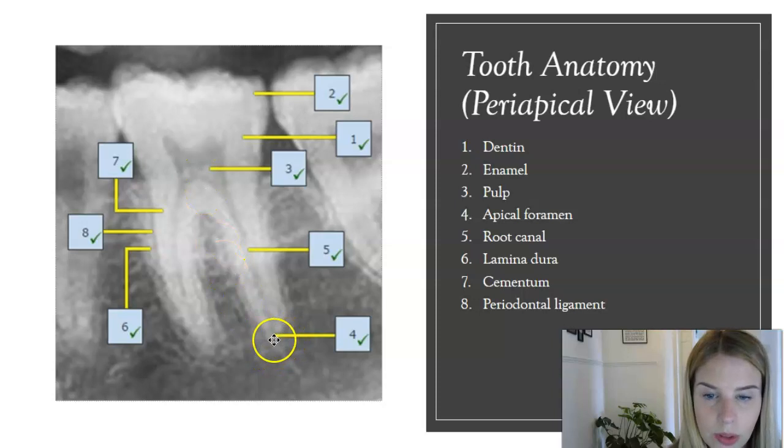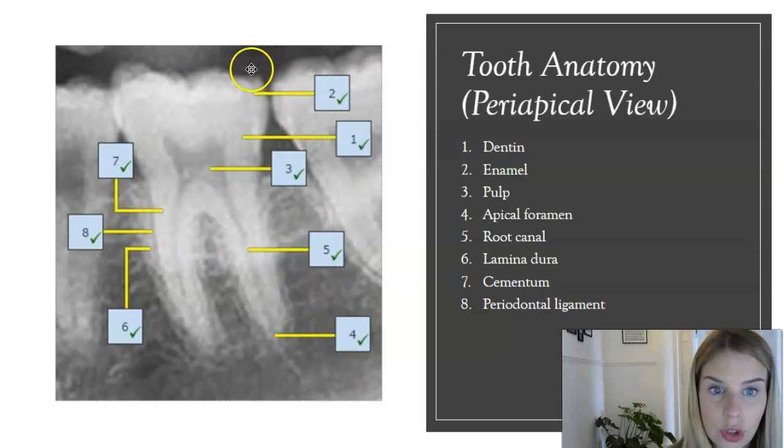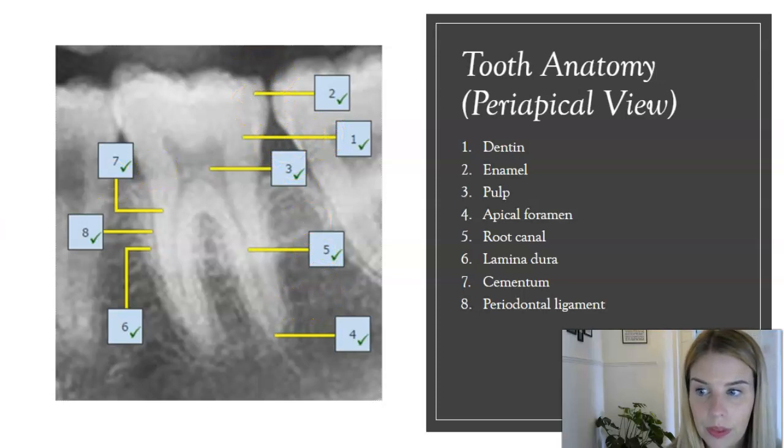So down here at the bottom, just right at the bottom of the root, you've got the foramen. Number 5, you've got the root canal. Anyone that's ever had treatment knows about that. There's lots of different things that you should learn and go through this image yourself, and just be aware of this image, that you can label the anatomy of the tooth on the periapical view.